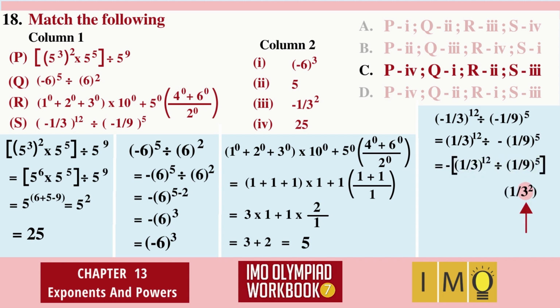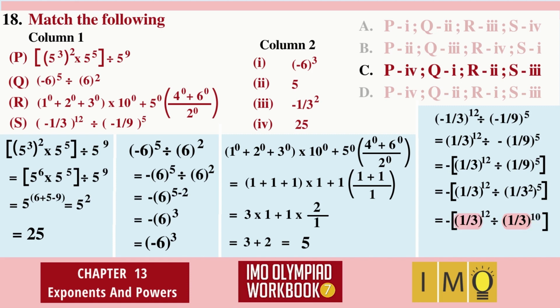We get minus of 1 by 3 whole raised to 12 divided by 1 by 3 square whole raised to 5. The second term simplifies to 1 by 3 to the power of 2 into 5, which is 1 by 3 whole raised to 10.